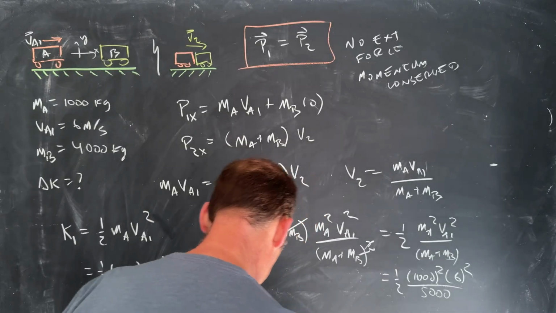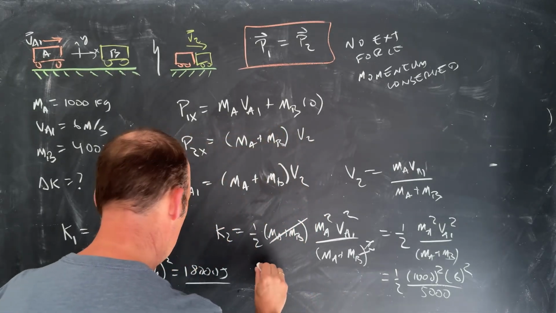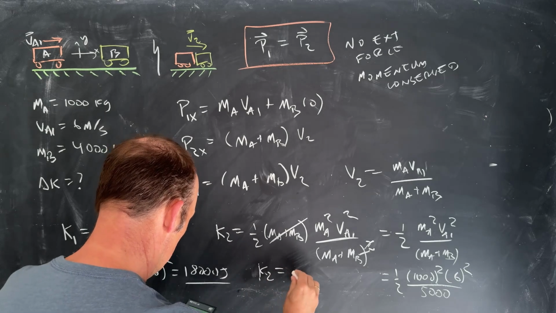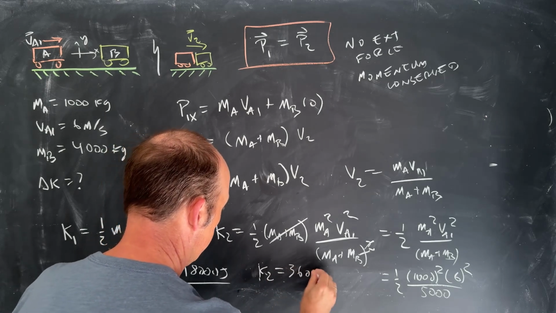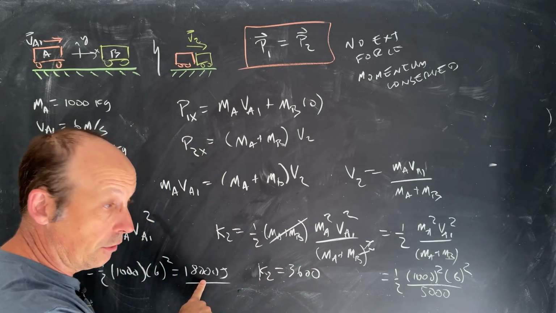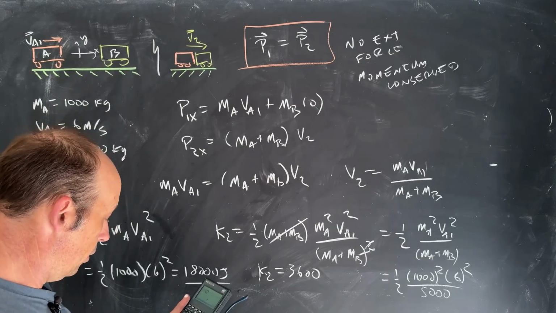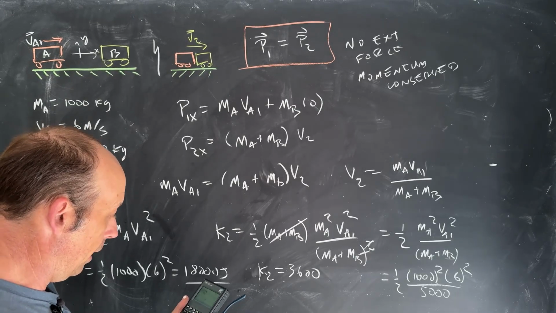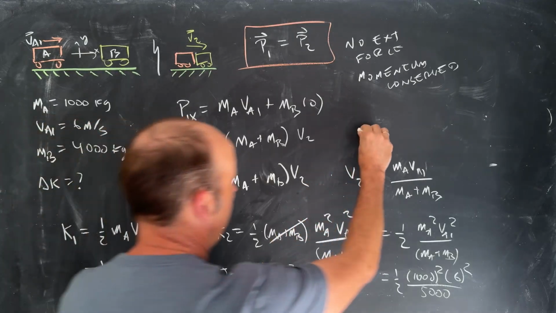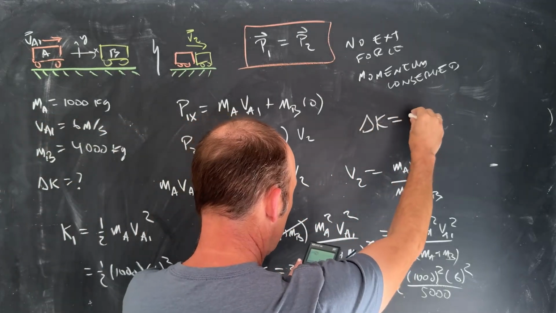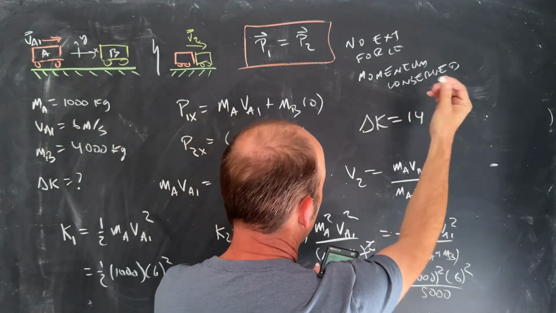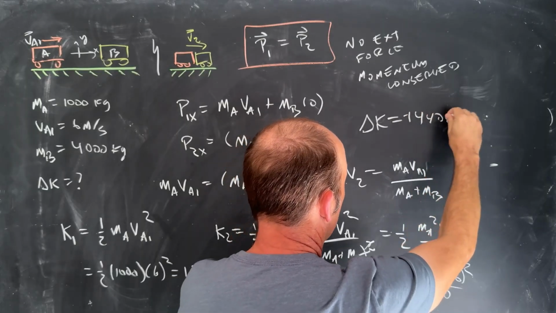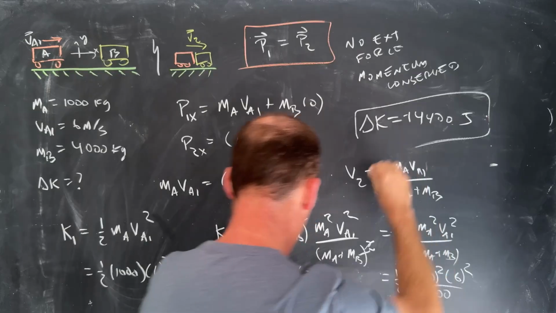And I get K2 is 3,600. So it did lose a lot of kinetic energy. 18,000 minus 3,600. So delta K is negative 14,400 joules.